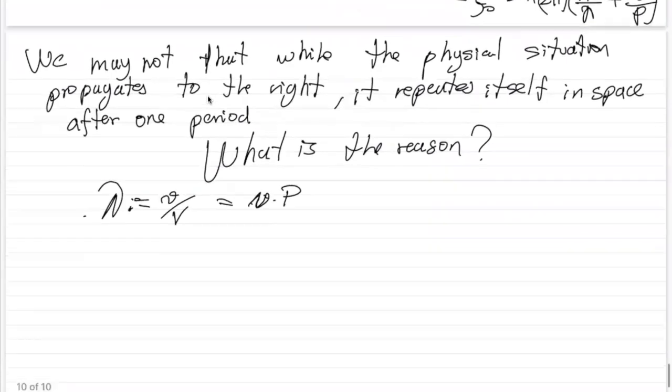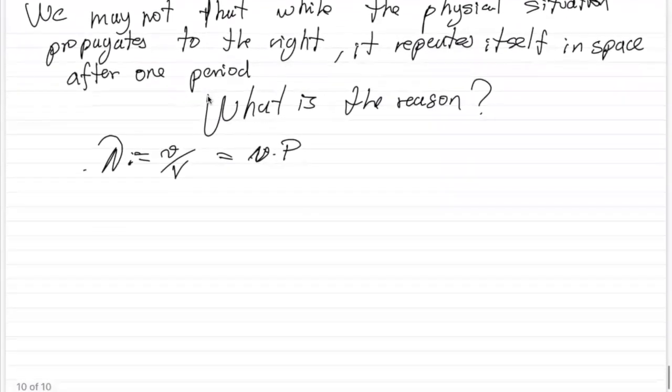So the wavelength is defined as the distance advanced by the wave motion in one period. So that is the reason.